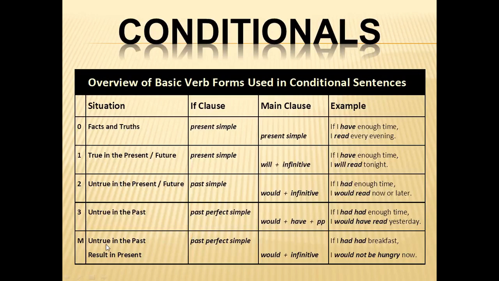The last one that we have studied is untrue in the past with a result in the present day: past perfect in the if clause, and would plus infinitive in the main clause. For example, if I had breakfast, I would not be happy now.